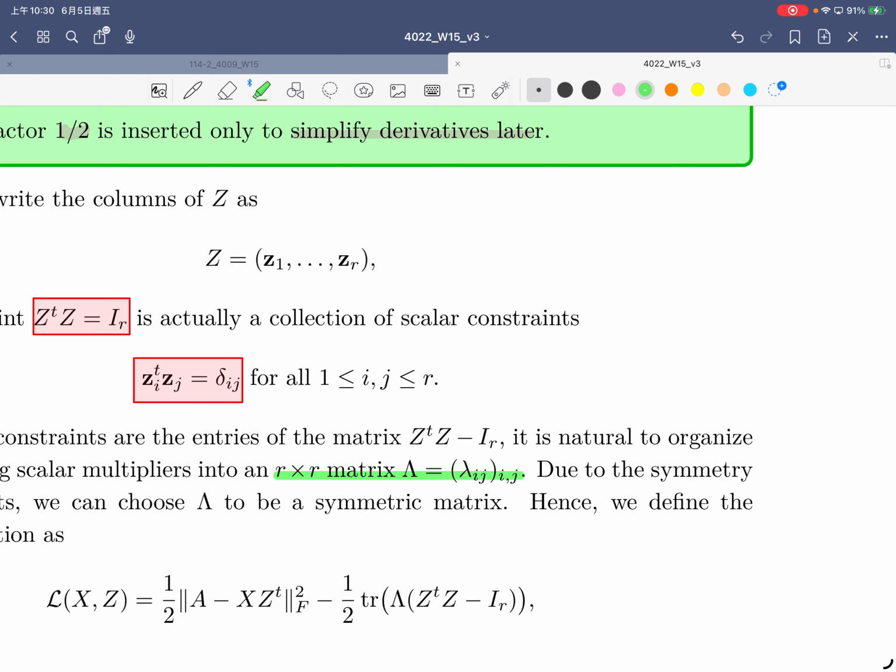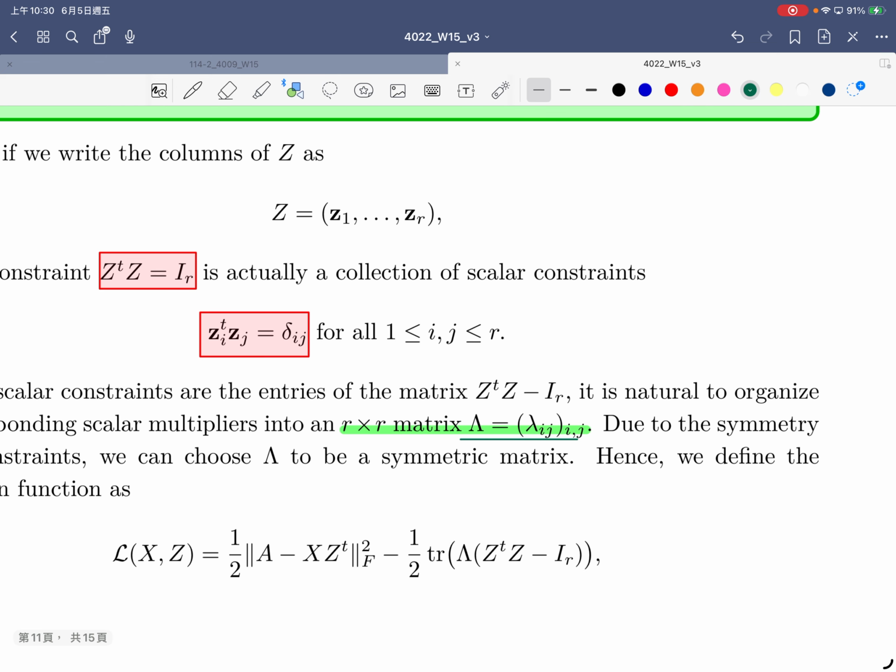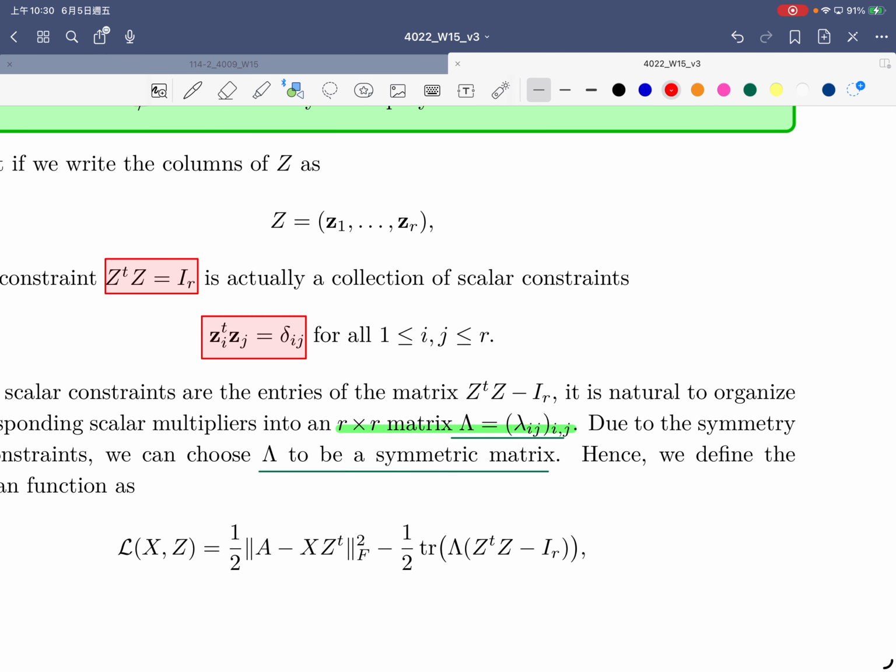Also, because the constraint is symmetric, since z_i transpose z_j equals delta is the same as z_j transpose z_i equals delta, the matrix of Lagrange multipliers is also a symmetric matrix. This is due to the symmetry of the constraint itself.